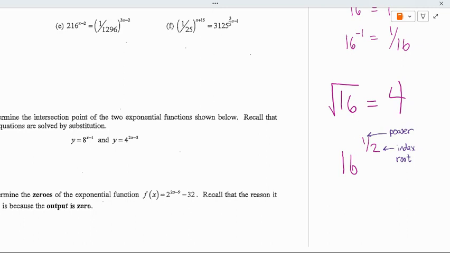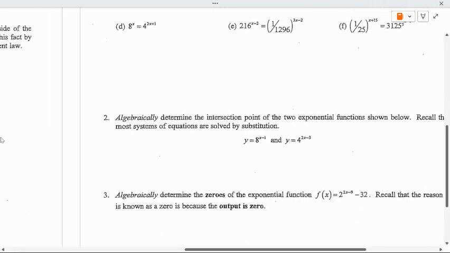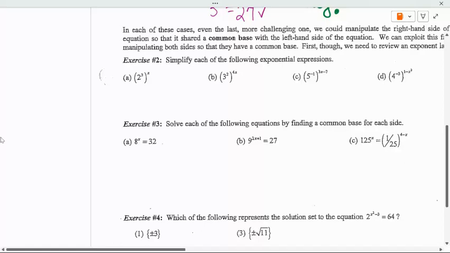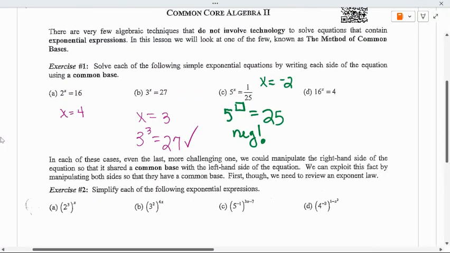Do you guys remember doing that? Maybe. So this is really 16 to the 1/2 equals 4, because remember, this is the power and this is the root. So this is the same thing as saying the square root of 16 to the first power.